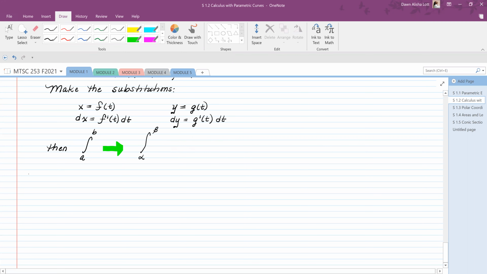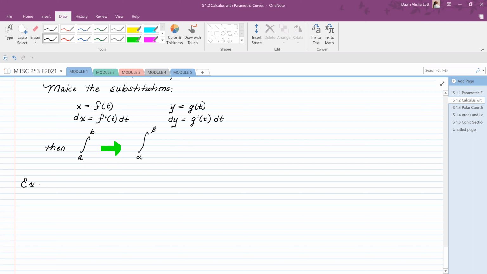So here's an example. In my area function, I have the integral from a to b of y dx. And that is very nicely going to move to the integral, well, when I'm at A, if you remember, t was alpha. And when I'm at B, remember, t is beta.